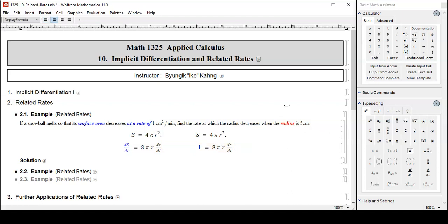Now what is 5? Radius is 5 or rate of change? It says radius is 5. So r is 5. So this one and that one, that's where I'm going to plug in 5.